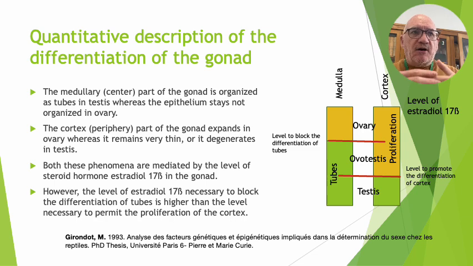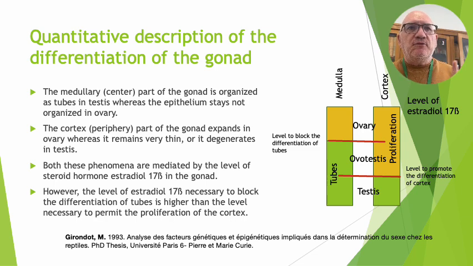The cortex or periphery of the gonad expands in ovary, whereas it remains very thin or it degenerates in testis. Both these phenomena are mediated by the level of the steroid hormone estradiol 17 beta in the gonad. Take a look at the graph on the right.